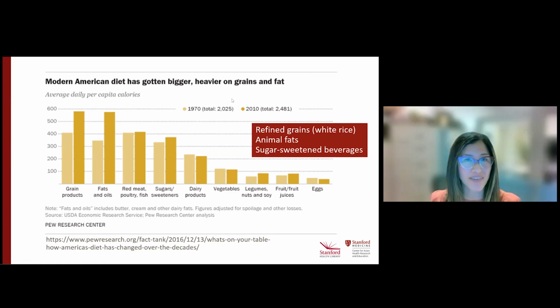The total amount of calories intake has increased by about 400 calories per day. And most of this is in not so healthful ways. We're eating more refined grains, more animal fats, and more sugar. And there's been a lot of focus on the increase in sugar sweetened beverages.